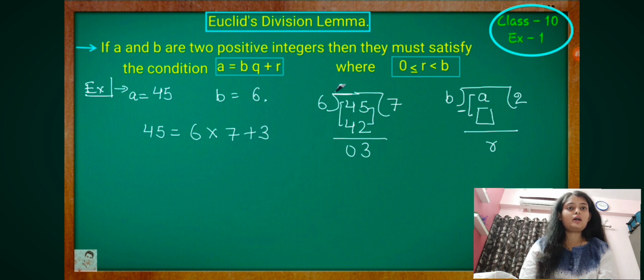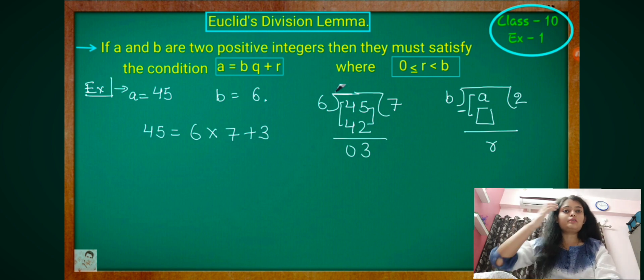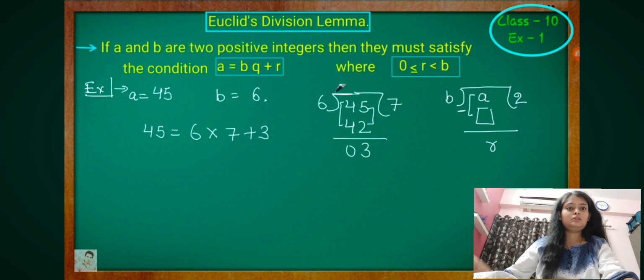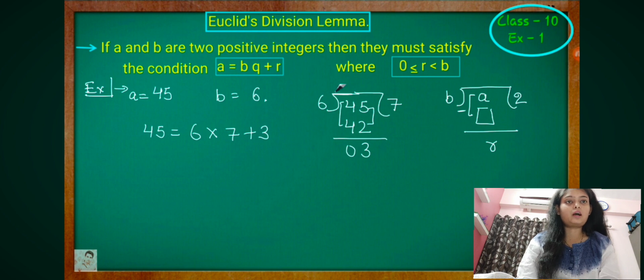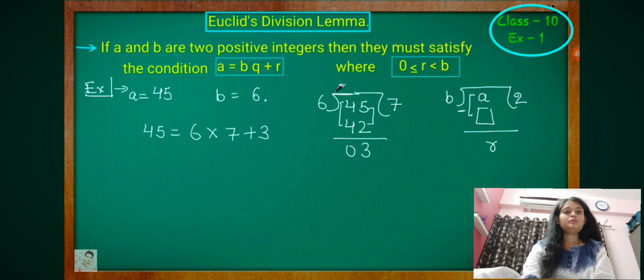So q and r, that is quotient and remainder: q is 7 here and r is 3, which shows the remainder here. Okay, so we have seen the condition a is equal to bq plus r. Now understand how this r is greater than or equal to 0 and less than b, that we will see further.